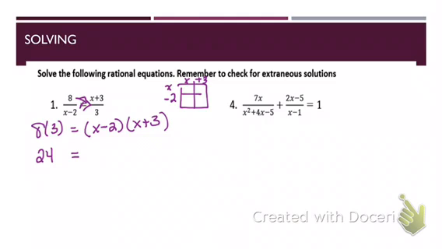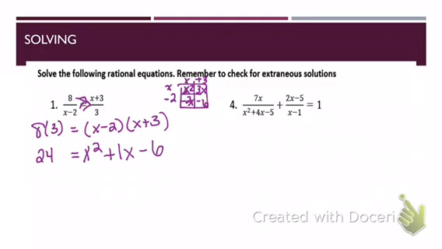This will become x squared. That's found by x times x, 3x here, negative 2x here, and negative 6. So that becomes x squared plus 1x minus 6. Okay?